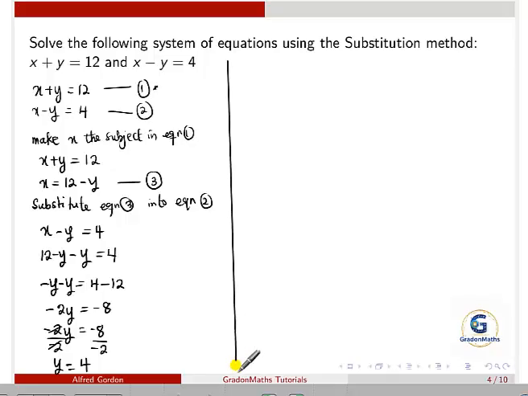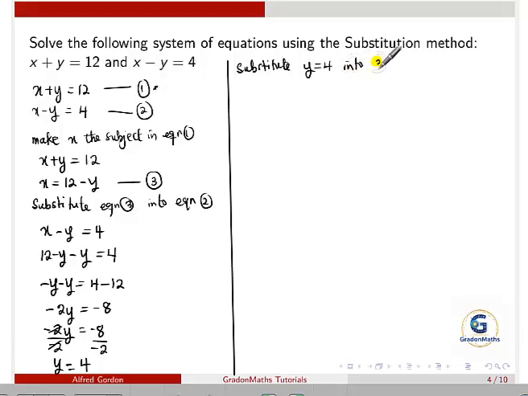Now let's proceed to find the value of the other variable. Here we have equation 3 where x has already been made the subject, so we can now do a back substitution. We substitute the result y is equal to 4 into any of the equations.